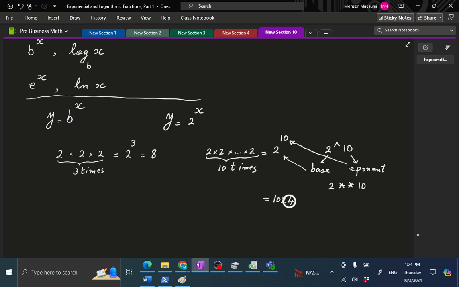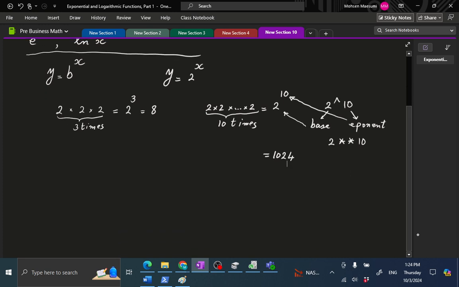In computer languages, sometimes they refer to this as 1K. Now K for kilo is supposed to be 1000, but in that context, this is also referred to as 1K. So these are the type of numbers you come across in the computer world, quite common.